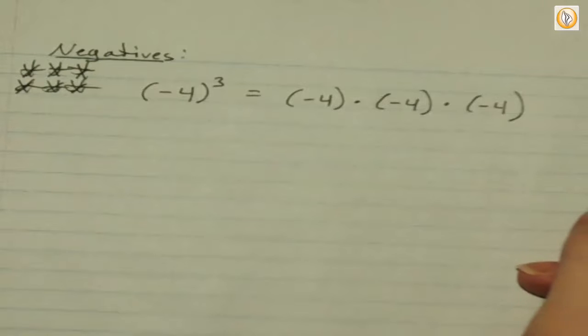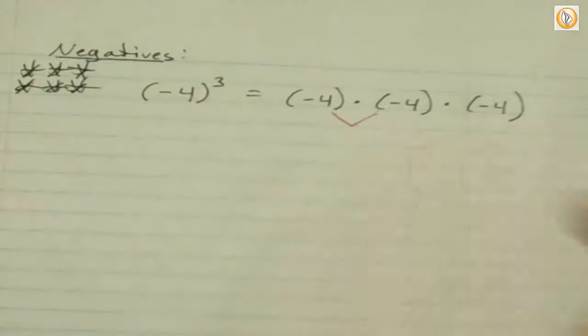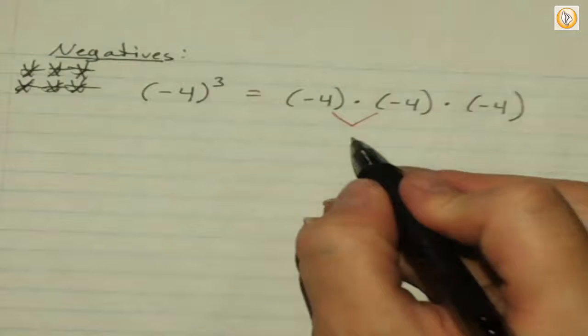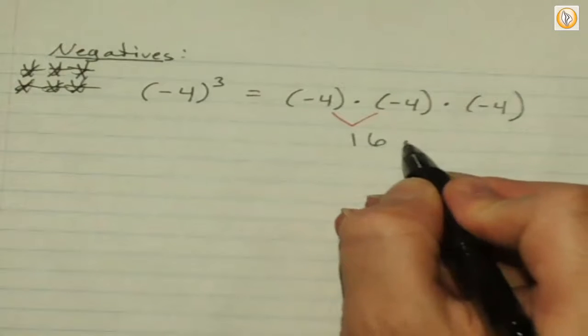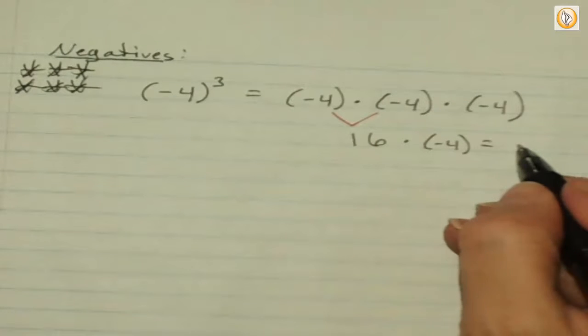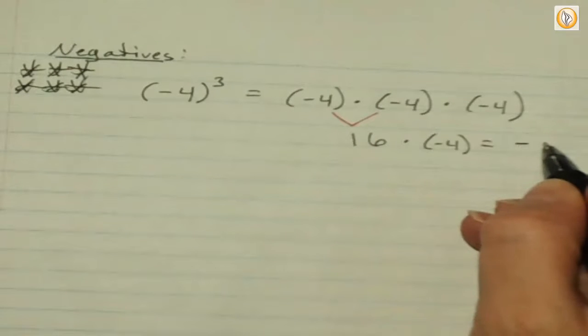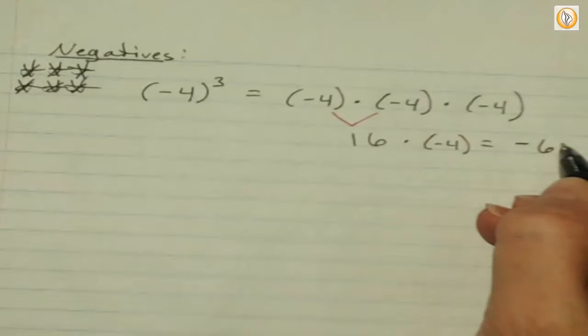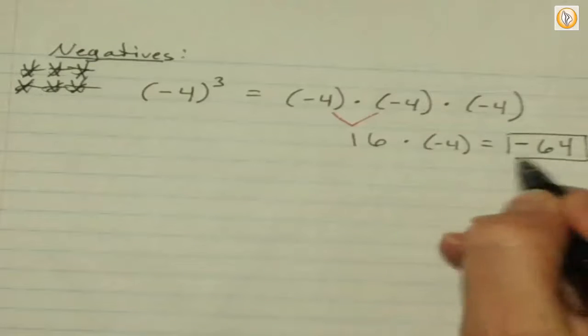Don't write anything yet. What is -4 times -4, everybody? Positive 16. Positive 16 times -4 is negative 64, I think. Yes? Okay.